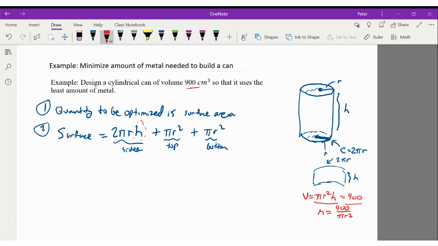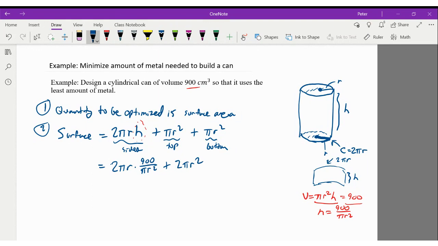So I can replace that term. This becomes 2 pi r times 900 over pi r squared. And then I add those two circles together and get 2 pi r squared.